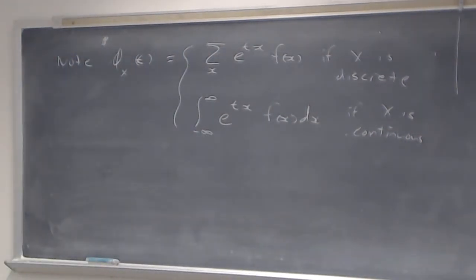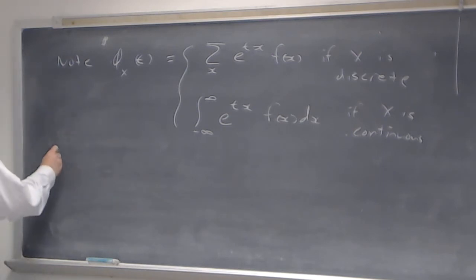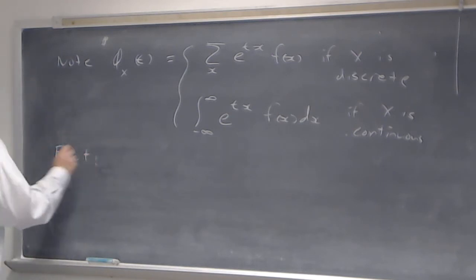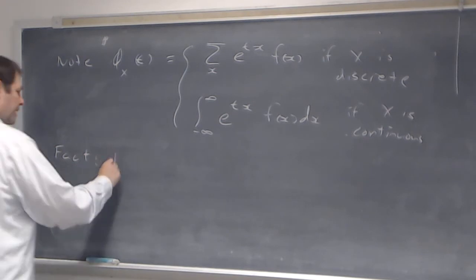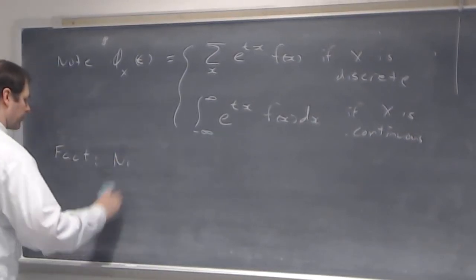Okay, the reason that we study this particular function is because of one main fact, and we'll get to it in a piecewise fashion. The first time, first I'll look at the fact that says, note, oh, there's one other thing I want to say.